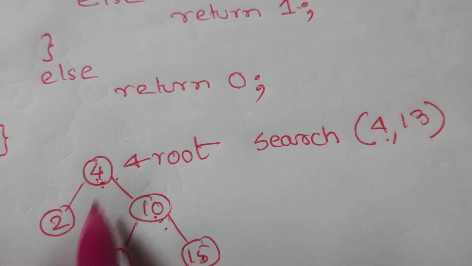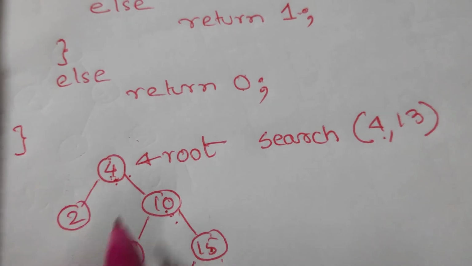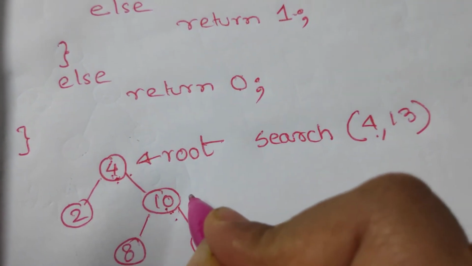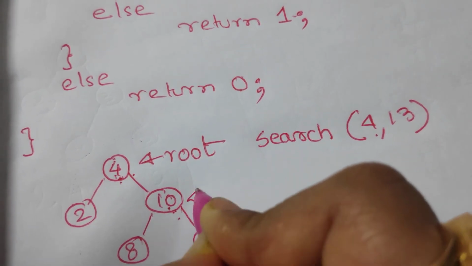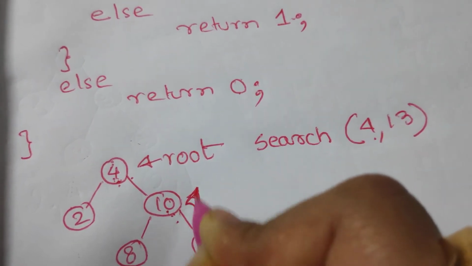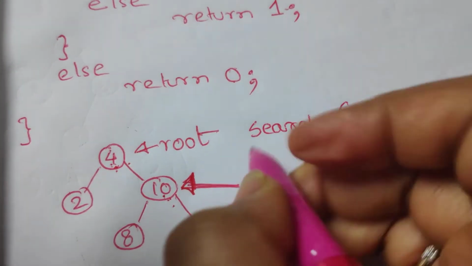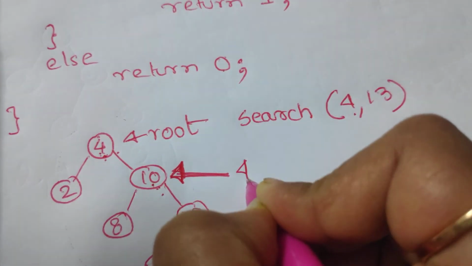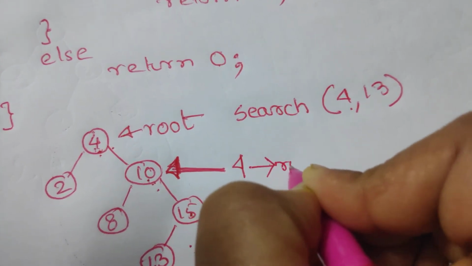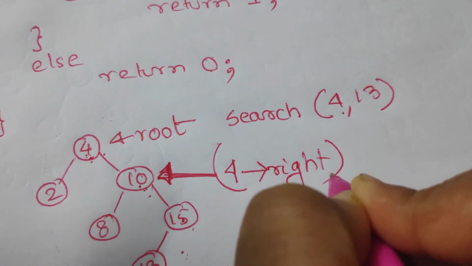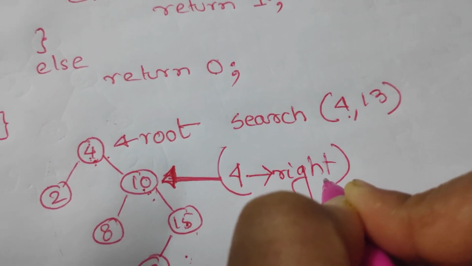We will ignore the left hand side of 4 and we will come to the right hand side of 4. And to come to the right hand side of 4, that is to come to 10, where do we have the address of 10 stored? We have the address of 10 stored in 4, because 10 is the right child of 4, correct?